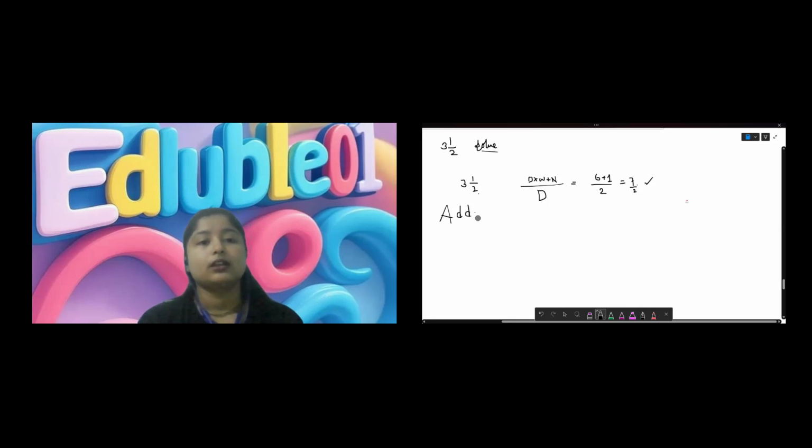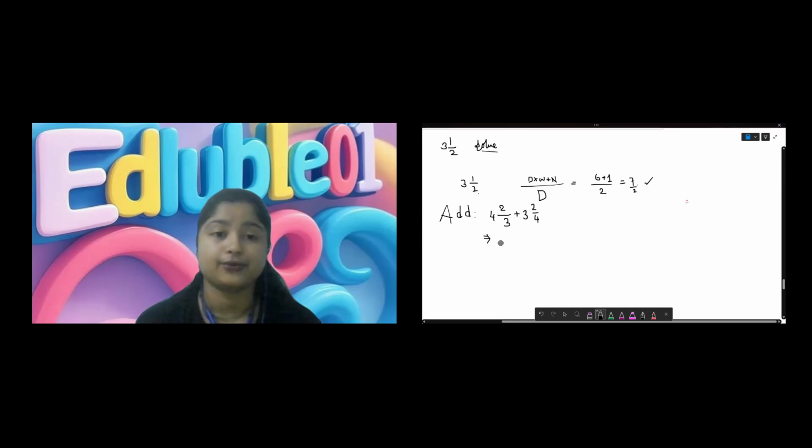So, let's take two numbers, for example, 4 2 over 3 plus 3 2 over 4, right? Now, there is a simple way to do it, and it is, you can first solve the mixed fractions.